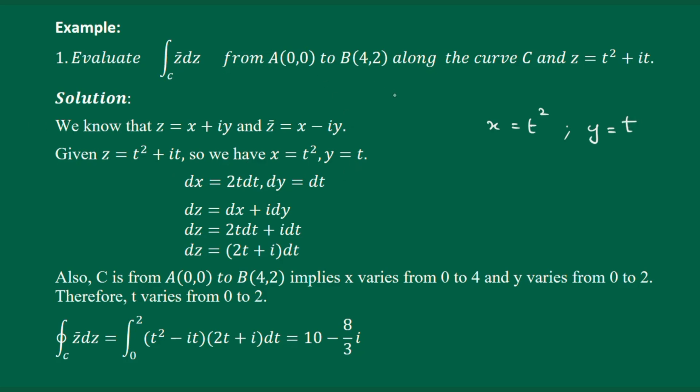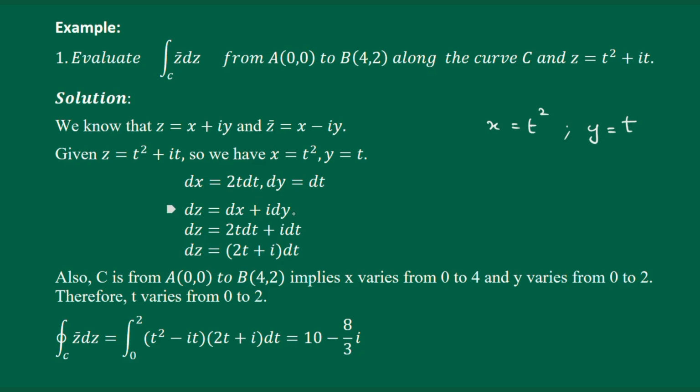Moreover, here we have to integrate z bar dz. Since z is equal to x plus iy, z bar is nothing but x minus iy. So we have to integrate this x minus iy. Here dz is represented as dx plus i dy.